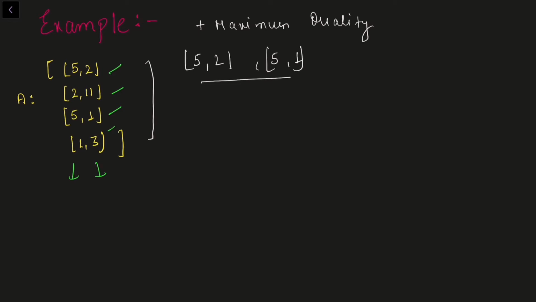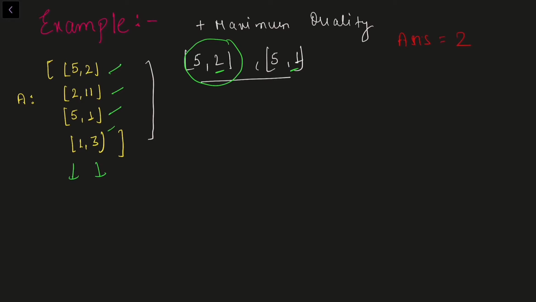I'll obviously choose the one with the larger quantity, so the one with the larger number in the second place. So I'll choose this element. Let's say I am storing my answer in some answer variable, then my answer will be 2 right now.